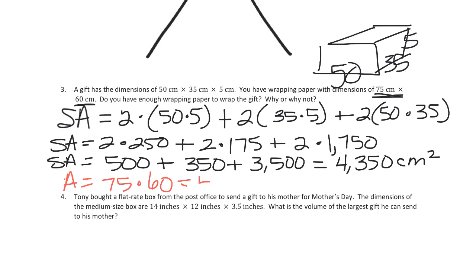And I get 4,500 centimeters squared. So then I have to ask myself, do I have enough wrapping paper? Is this number larger than what I need? And the answer to that question is yes, I have enough.